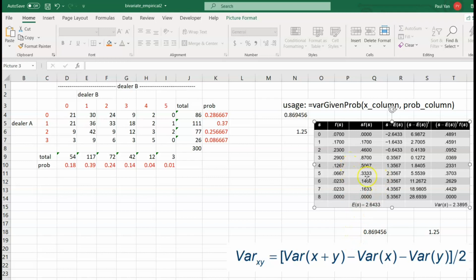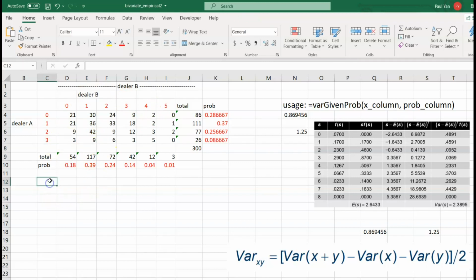I put the table from the textbook. So this is joint X plus Y. Okay. So let's look at the two dealers. For the dealer A, the possible outcome is 0, 1, 2, 3. For the dealer B, the possible outcome is 0, 1, 2, 3, 4, 5. Jointly, the maximum will be 8.